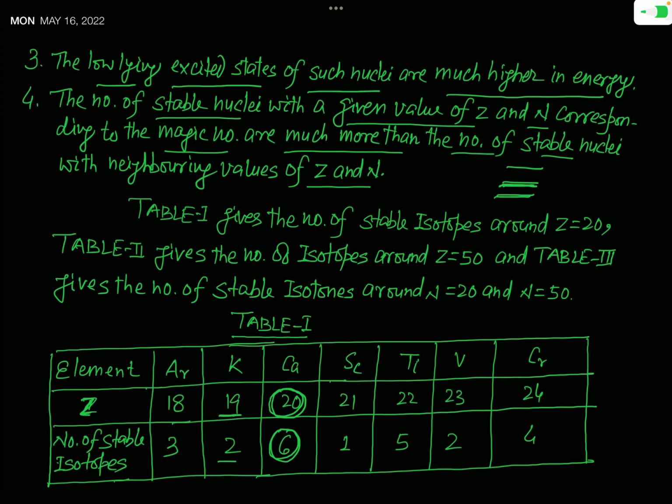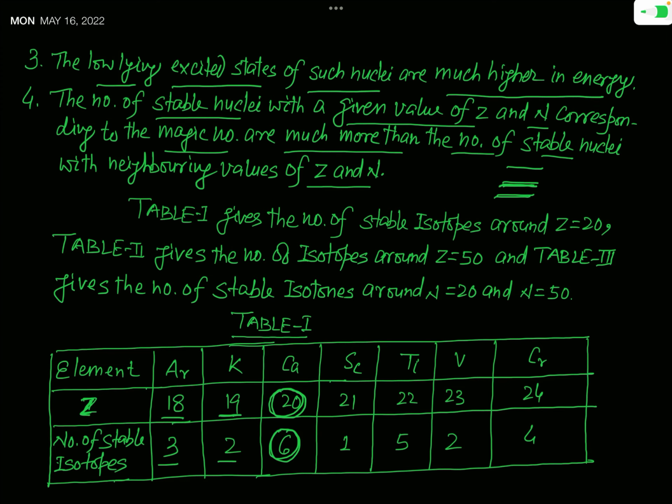Similarly, for argon in which the number of protons is 18, the number of stable isotopes is only 3, which is smaller than 6.